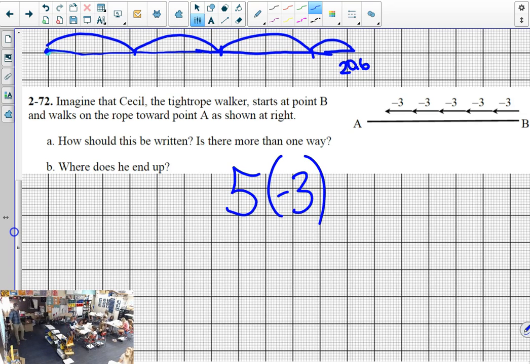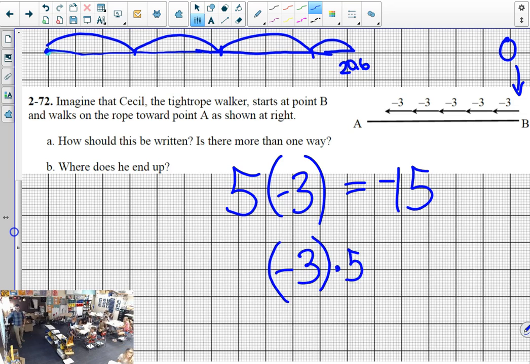Now, if we say his start point of B was 0 in reference, where would that put him? Where would he end up? -15. I like you to get it once I write it. Is there another way we could write this? I mean, obviously there is, since we're asking. You could also say Cecil took a move of -3 5 times, right?